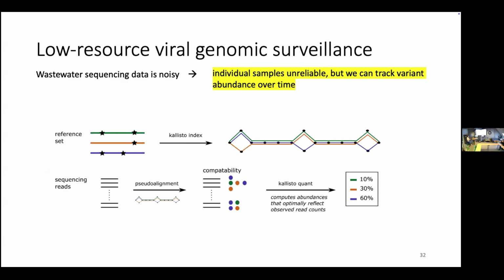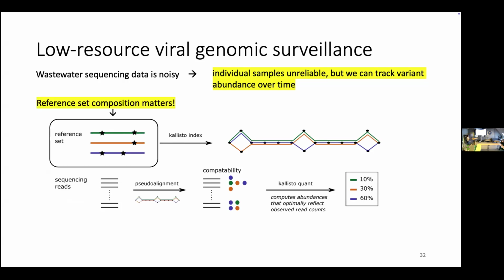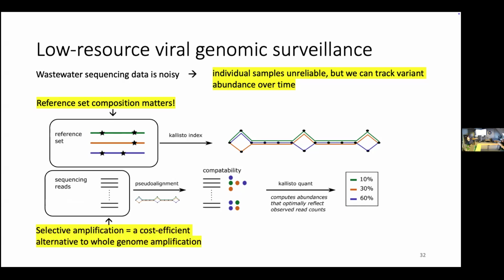And I showed you this approach that we use for this, where I want you to remember that reference set composition, so the sequences that you put into it, is really important and it strongly affects your results in the end. The second thing to remember is that when you design your experiments, sometimes looking only at the really most informative piece of information, so in this case selective amplification, can be a very cost-efficient alternative to looking at all your data, in this case whole genome amplification.